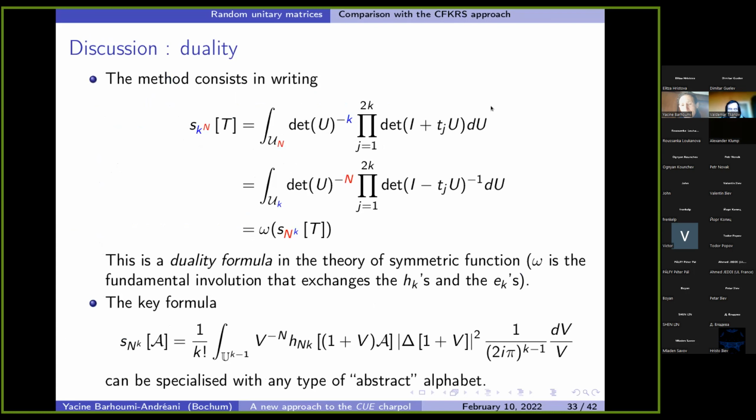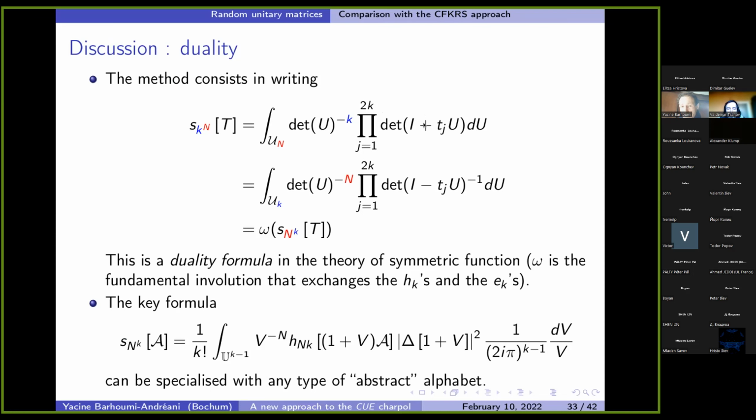Namely, you see, if you had the product of characteristic polynomial with a conjugate, you can factor out the determinant and put it here, and then you have everything. Instead of u minus 1, you have the u minus 1 only here. And here you can see that this is a Schur function. And what I do is I switch m and k.